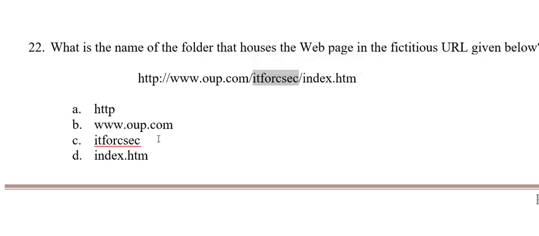So the name of the folder that houses the web page is this one here. This is the name of the folder. That's it. Because this part here is the domain name. Okay. So don't confuse. This is the domain name. Okay. This is the folder where this file here is located. Okay.